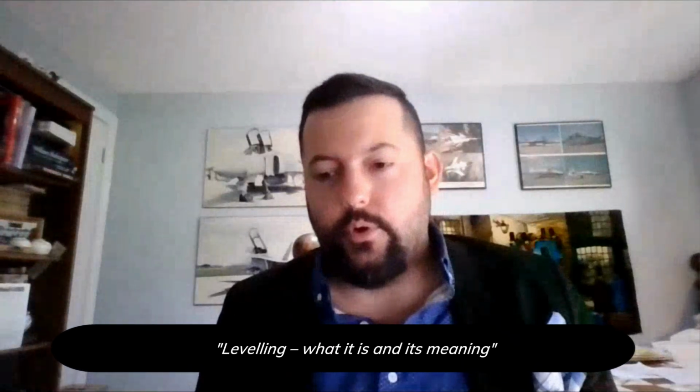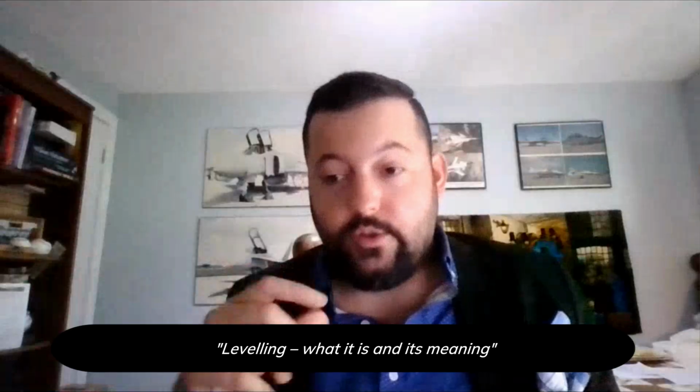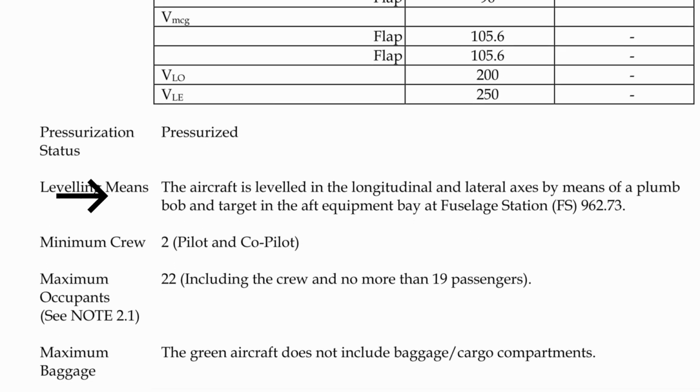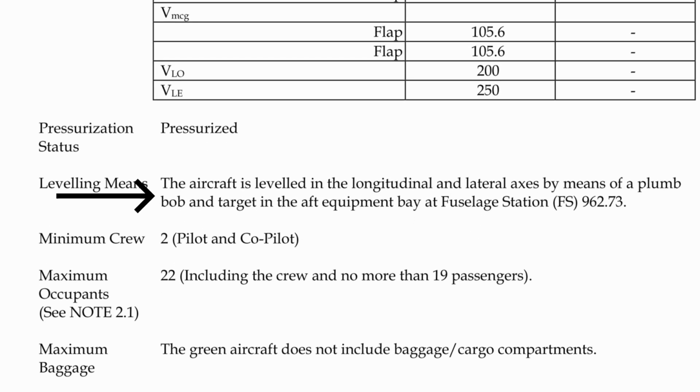So similar to the datum point, the reference point that you're making, all your reference for your drawings, it's similarly the same kind of thing. It's talking about how the aircraft is leveled longitudinally and laterally by means of a plumb bob and target in the aft equipment fuselage station.